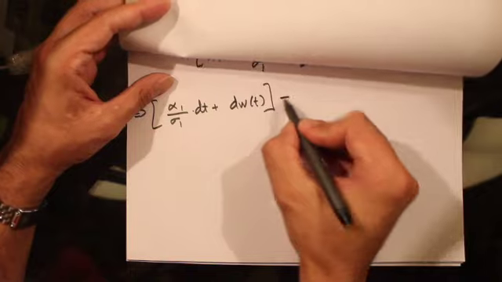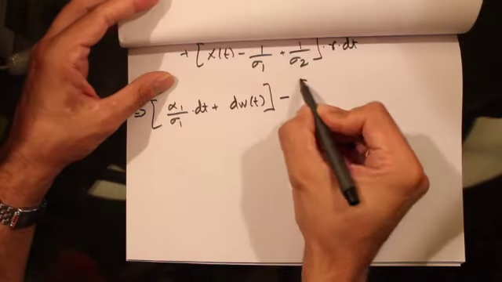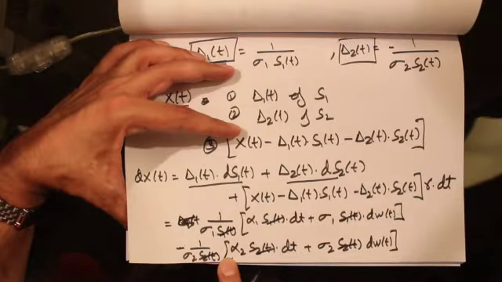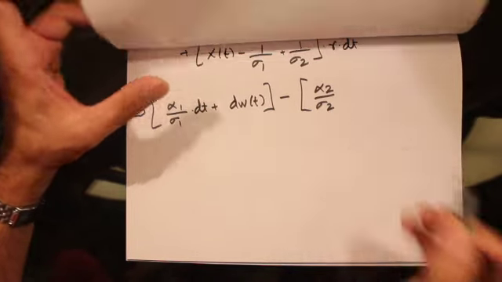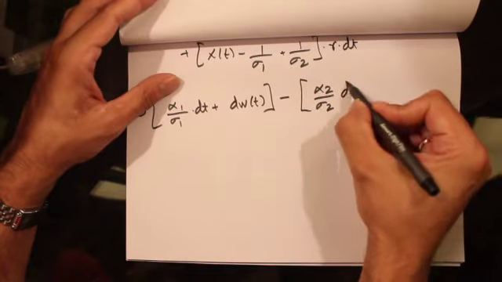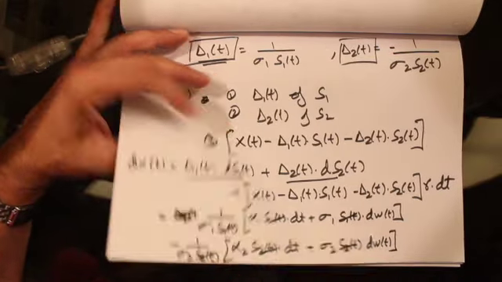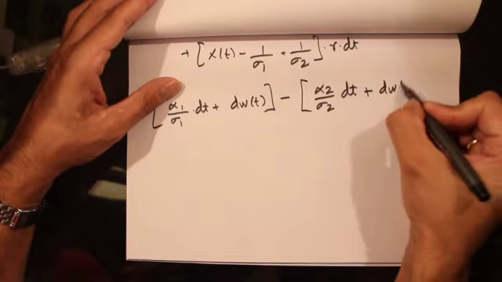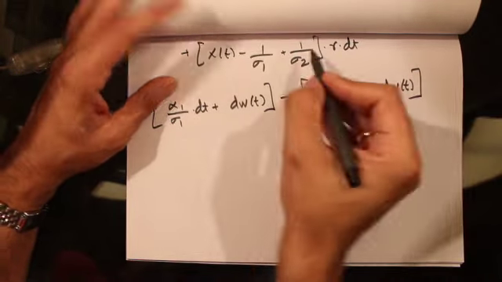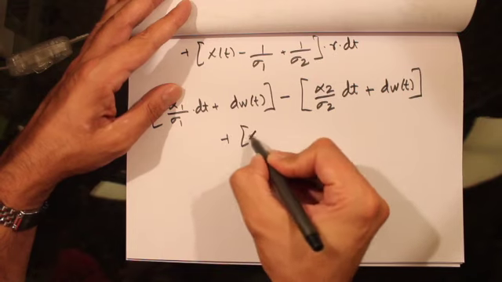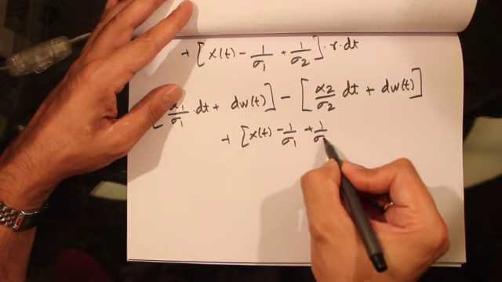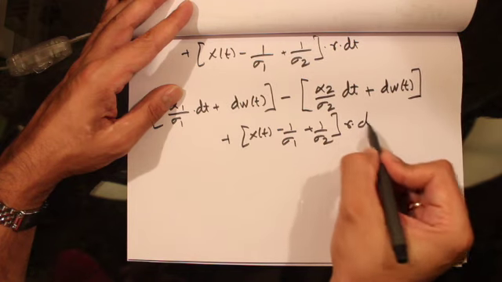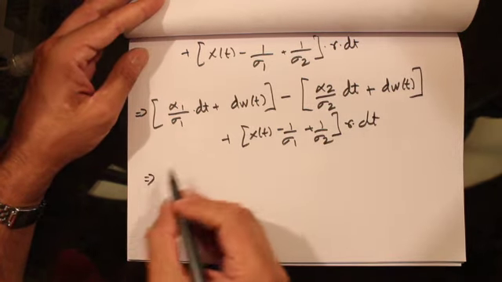Then minus alpha 2 over sigma 2 dt plus dW(t), and then we're going to get this term: plus X(t) minus 1 over sigma 1 plus 1 over sigma 2, r dt, and we can solve this further.